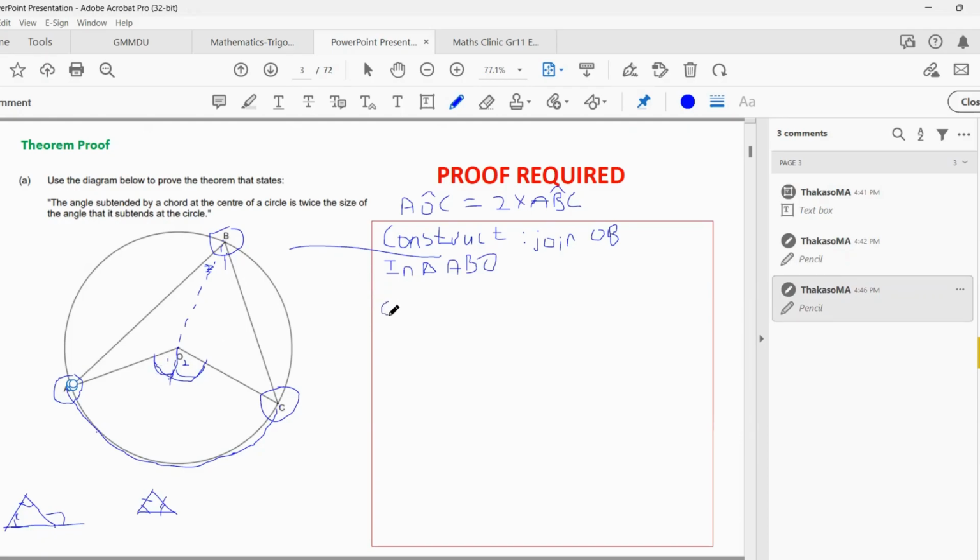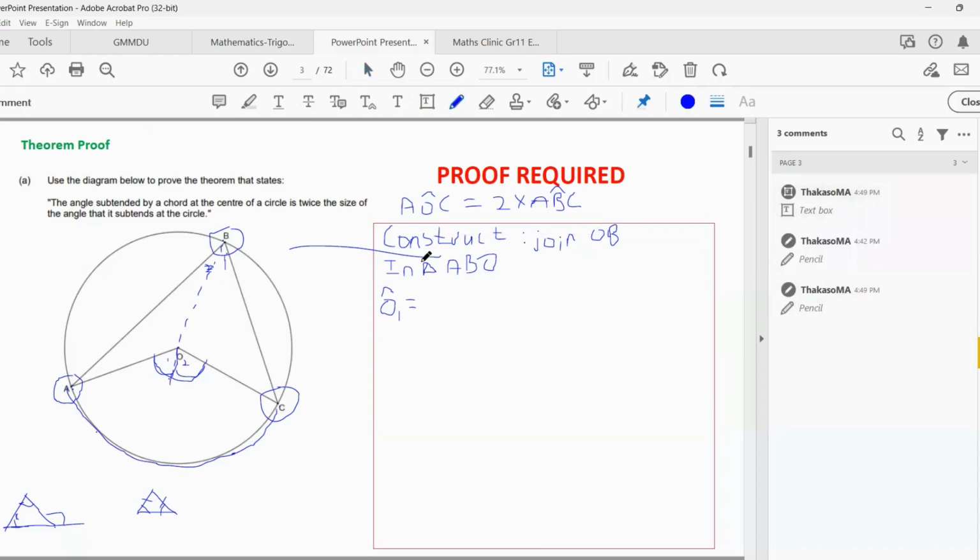So that angle O1 is equal to angle A plus angle B2.